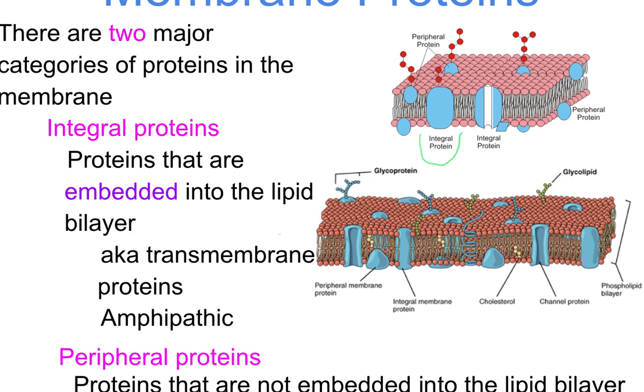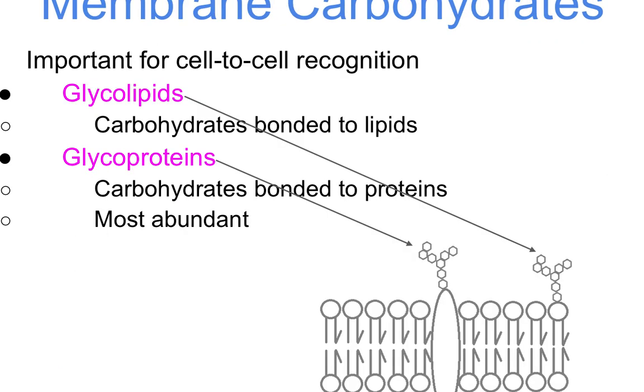They too can have amphipathic properties, meaning that they can interact with this hydrophobic and hydrophilic aspect of it. Peripheral proteins are proteins that are not necessarily always embedded into the bilayer, but they're loosely bonded to the surface. And these guys right here, integral proteins, play an integral part in how the cell membrane functions.